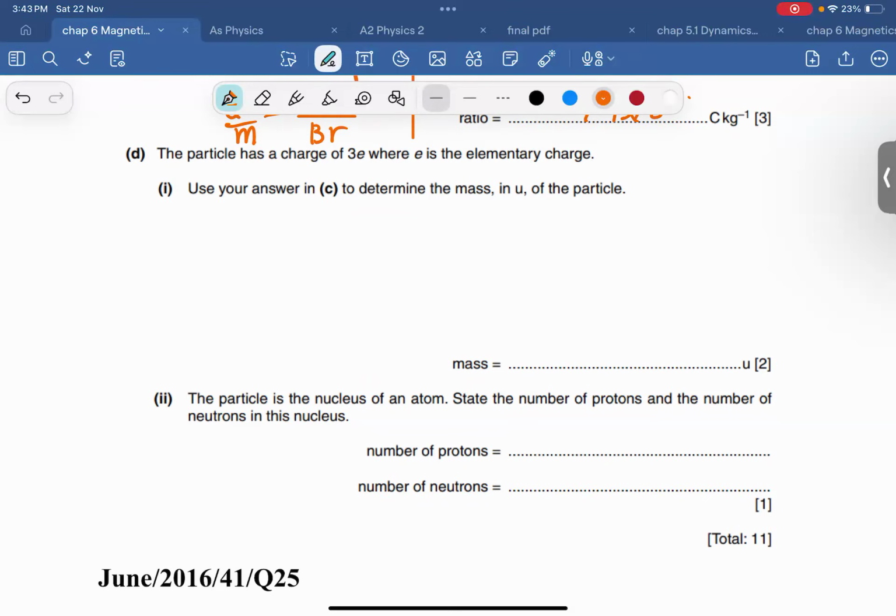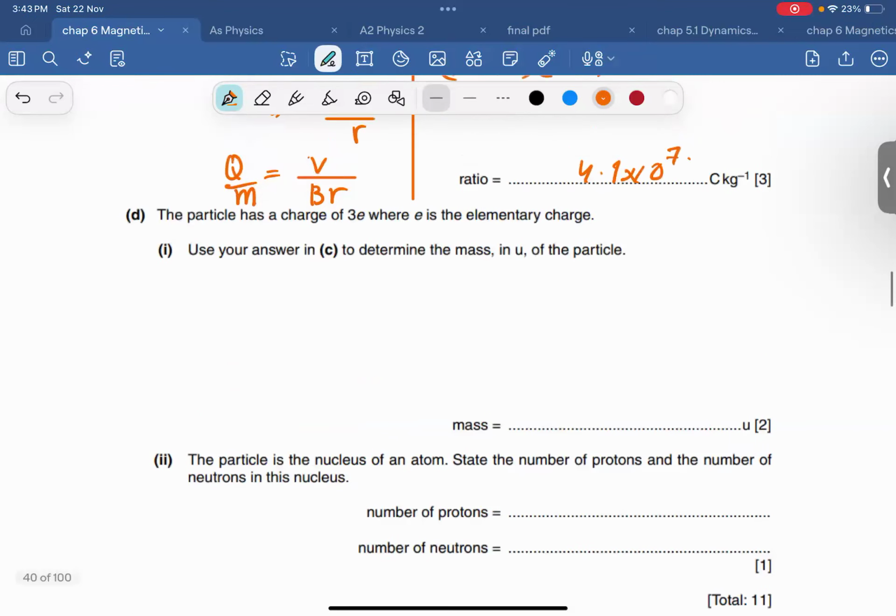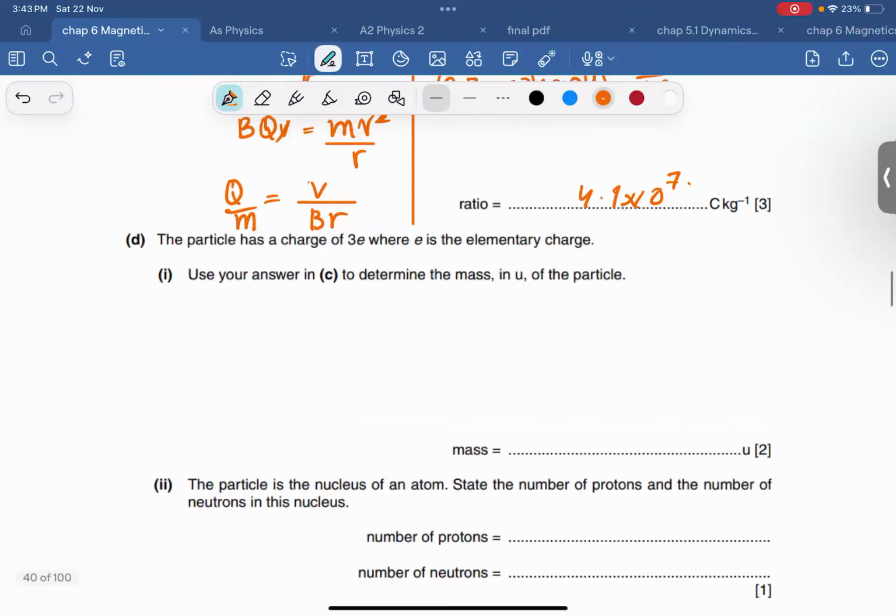The particle has a charge of 3e, where e is the elementary charge. Use your answer to determine the mass of the particle. Q over M is something that we found out, with a value of 4.1 exponent 7.